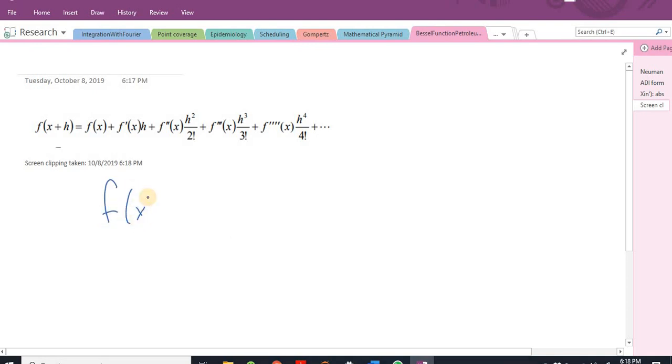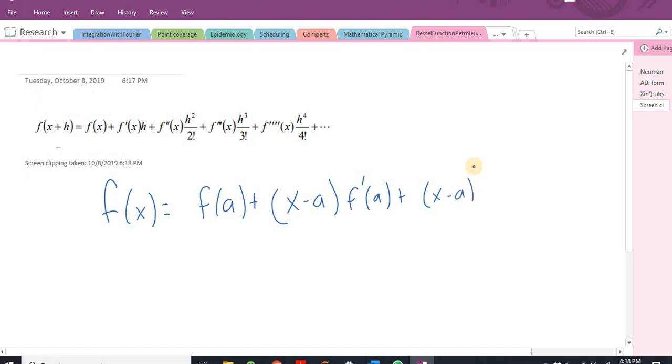f of x equals f of a plus x minus a times f prime of a plus x minus a squared over 2 times f double prime of a plus, and so on. Now, do you see that these two things are really the same thing?